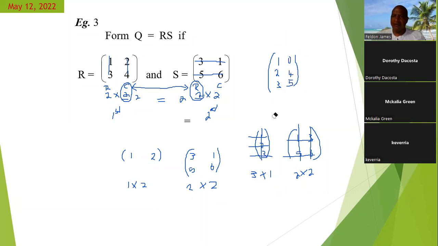How many columns do you have? 3. All right. How would you draw your line to count your columns? You would write vertical.